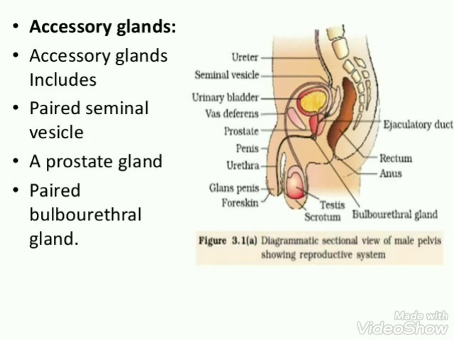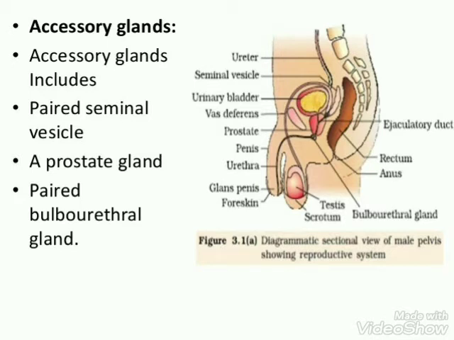Next is the accessory glands. The accessory glands or secondary glands include a prostate gland, two seminal vesicles, and two bulbourethral glands. The prostate gland encircles the urethra and produces a milky secretion which forms a considerable part of the semen.